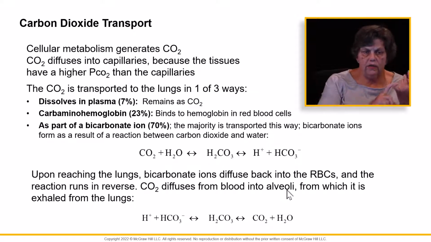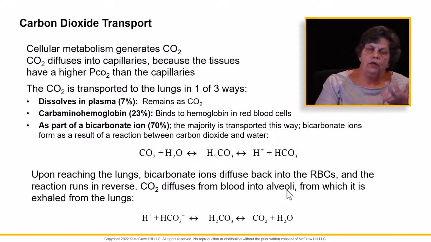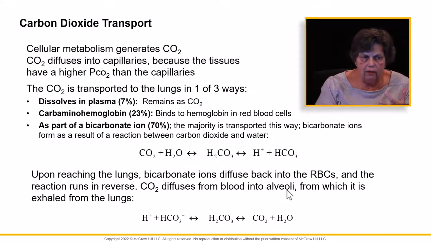It does dissolve in the plasma. It remains a carbon dioxide. It does form what's called carbaminohemoglobin, which is where it binds to the hemoglobin in the red cell itself. Or it can be part of a bicarbonate ion, and this is where most of it is done.